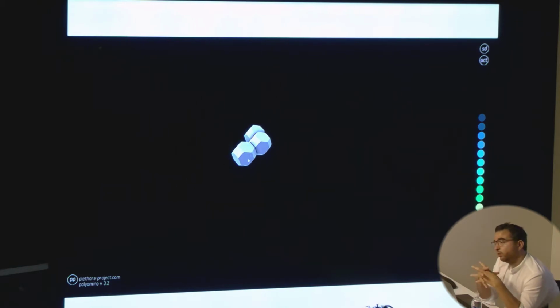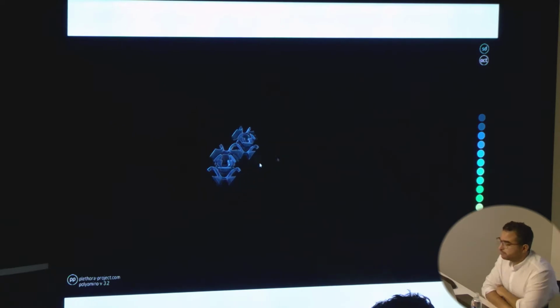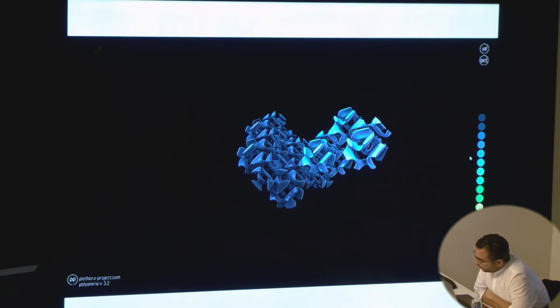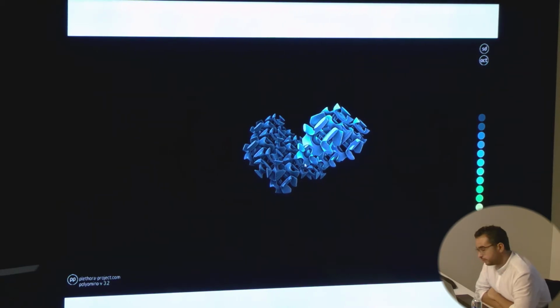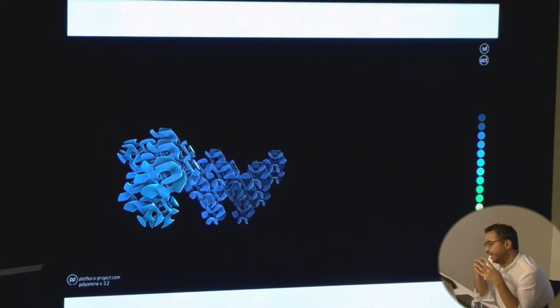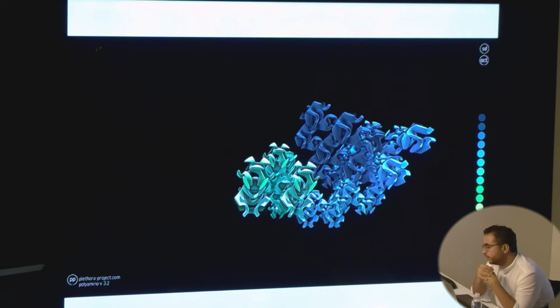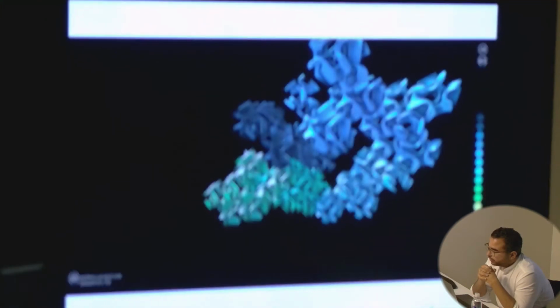So we did two versions of that project. One of them where you would actually print the large pattern, and we did a couple of sculptures for exhibitions with that. And this version of the project was meant to be printed out of individual pieces. The pieces would use a magnetic connection, and just by having a large range of colored pieces, you would use those pieces almost as pixels to start shifting and grading coloration, just because in this case the machine had the capacity to print in multiple materials.